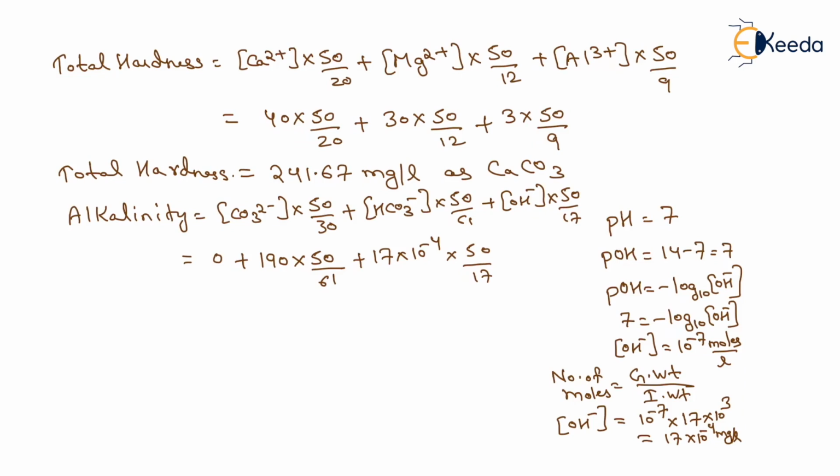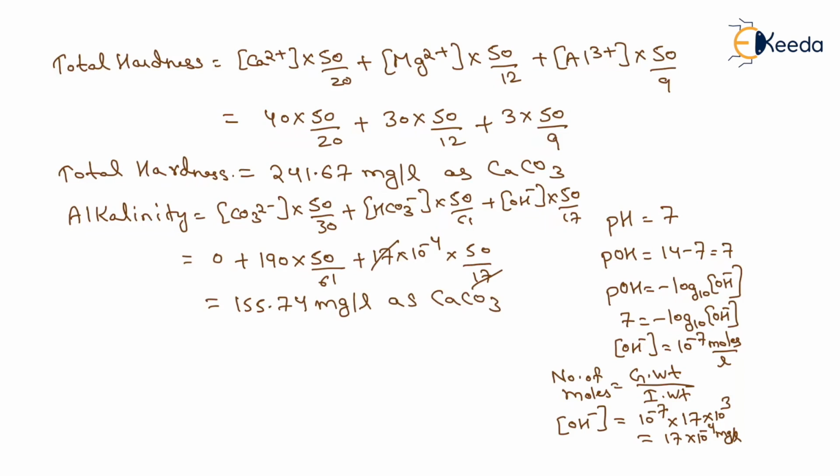If we solve 190 into 50 divided by 61, it comes out as 155.73, and if we add 50 into 10 to the power minus 4, because 17 cancels out, this value comes out as 155.74 milligram per liter as CaCO3.